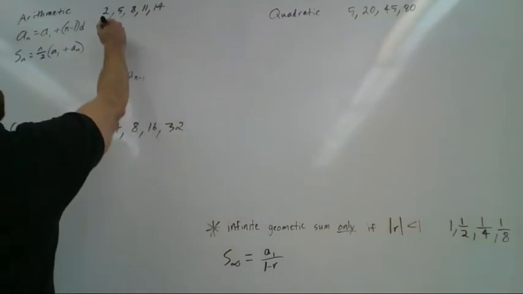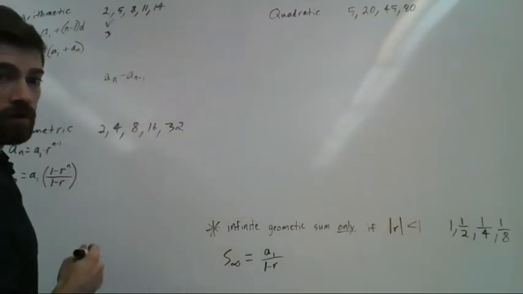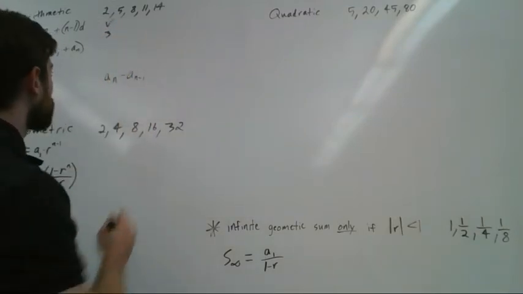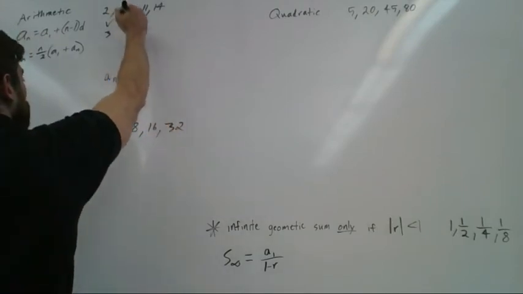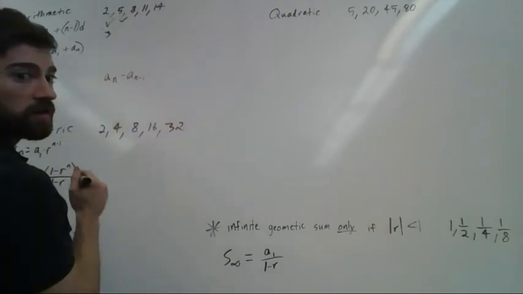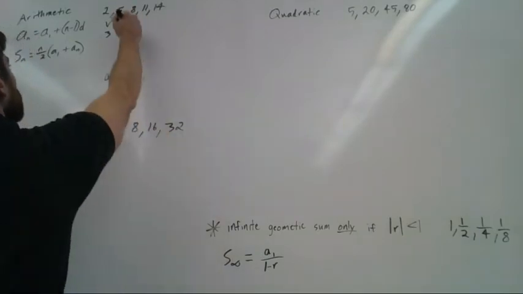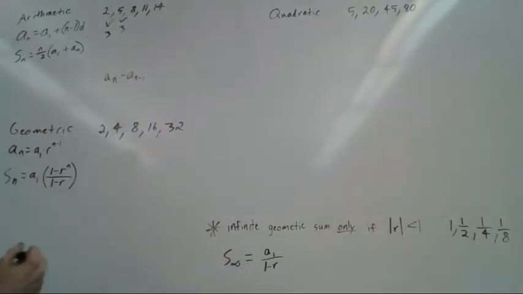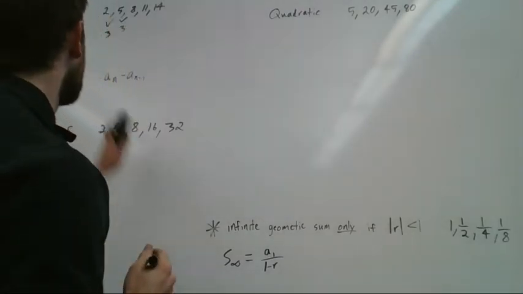So 5 minus 2 is 3, and to be sure that this is arithmetic, we have to do it twice, just in case it was a geometric that looked like an arithmetic at first glance. 8 minus 5 is also 3. So I found that our common difference is, in fact, 3.